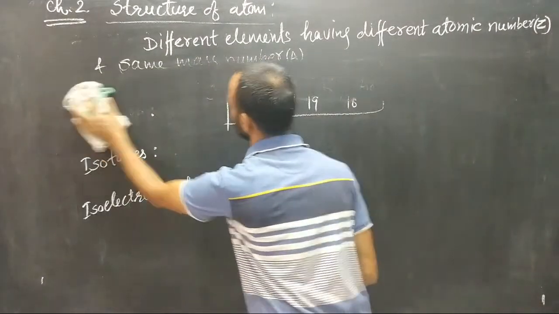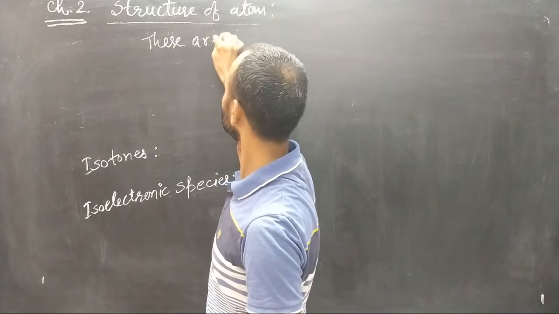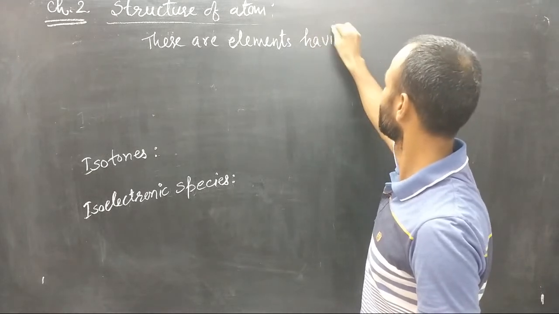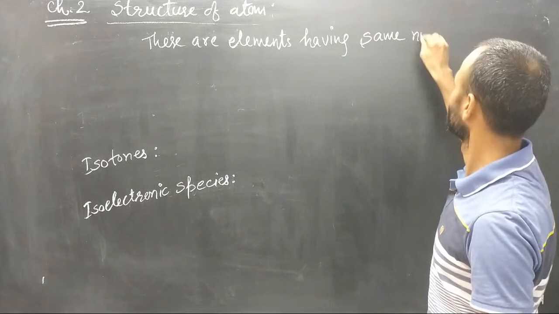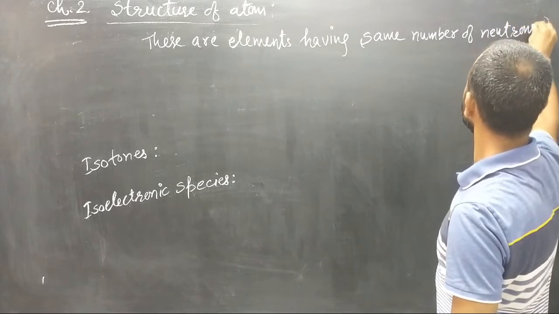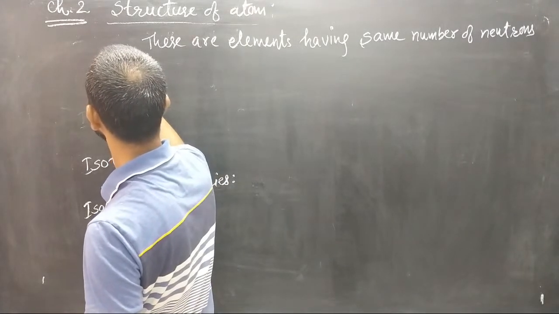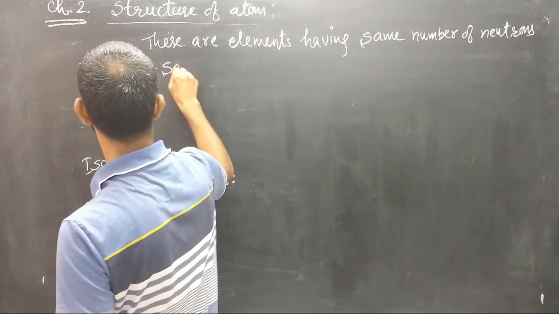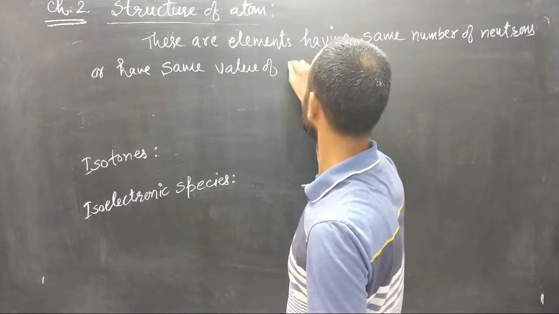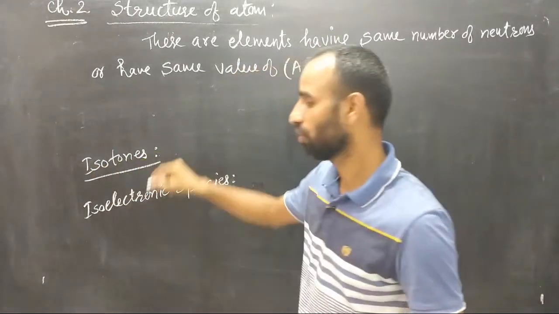Now come to isotones. These are elements having the same number of neutrons, or we can say they have the same value of A minus Z, because A minus Z means number of neutrons, so those are called isotones.